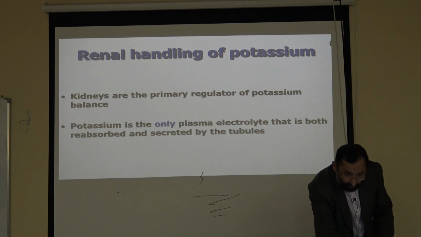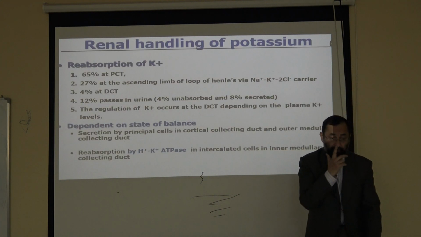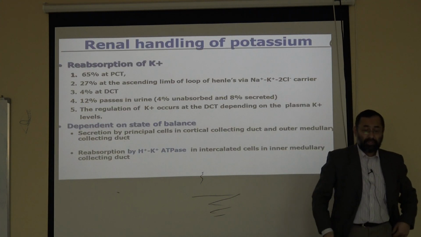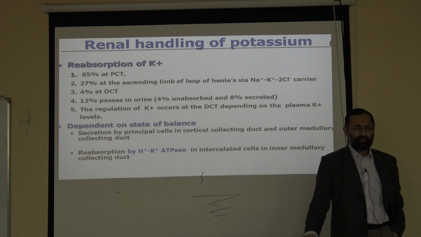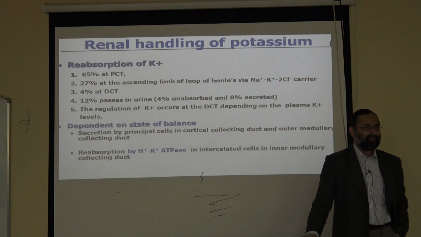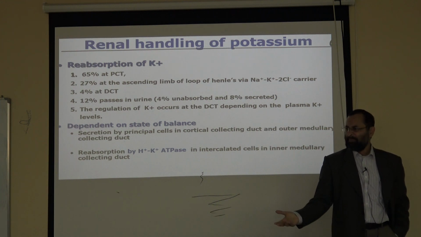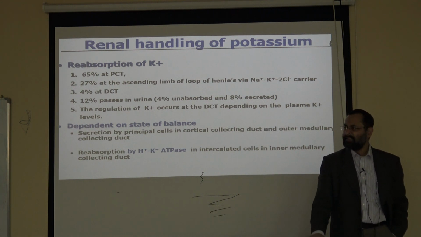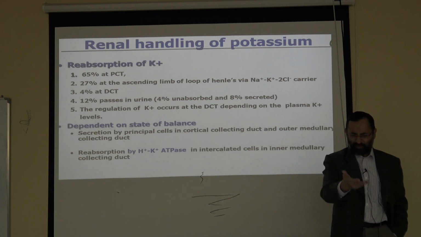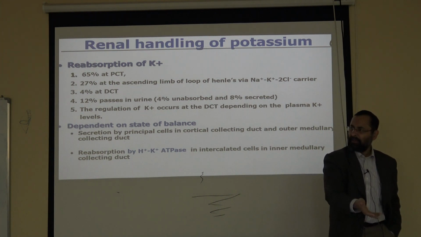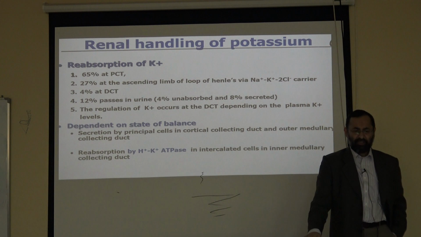Potassium, very well handled by the kidney. And let's have a look. Reabsorption, yes. Again, same like sodium. Same like water, isn't it? Loop of Henle, again, it's same. Okay, approximately same. 65 and 27%, 25-27% for sodium, same here. Almost the same thing is going on.